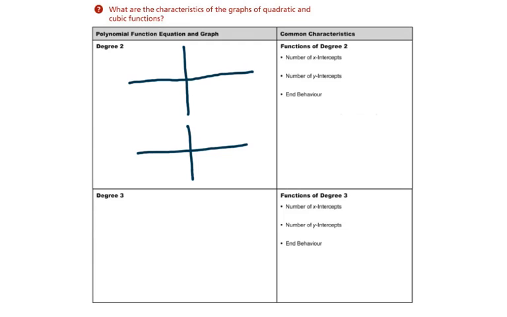They will either be parabolas that open up, or they will be parabolas that open down. To have degree 2, these would both have to have x squared of some kind. This would be a positive x squared. This would be a negative x squared.